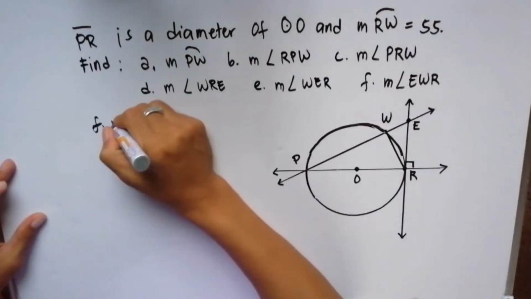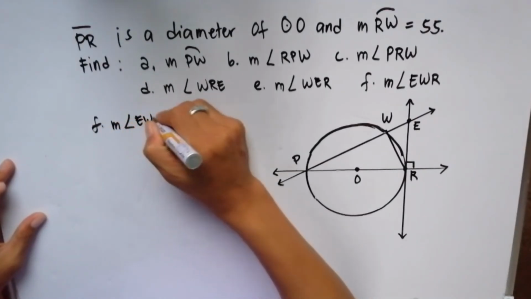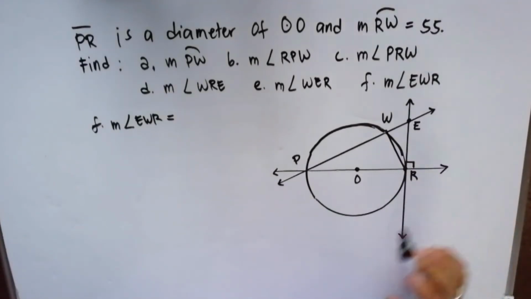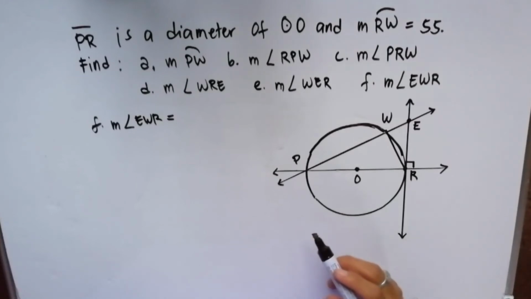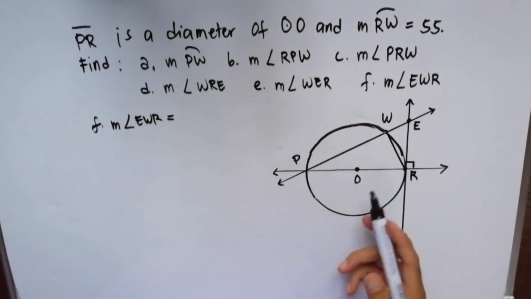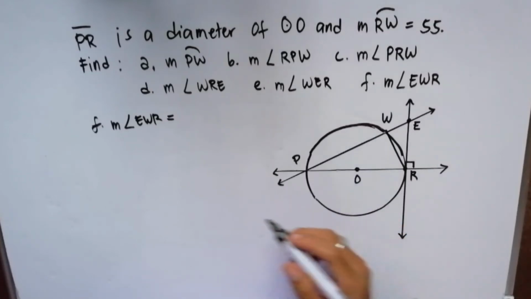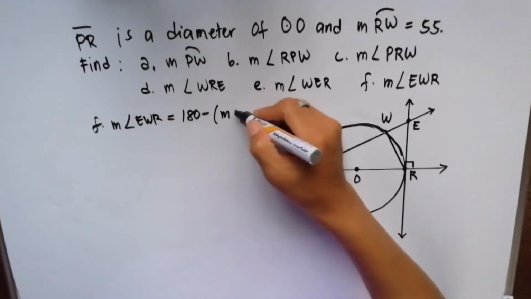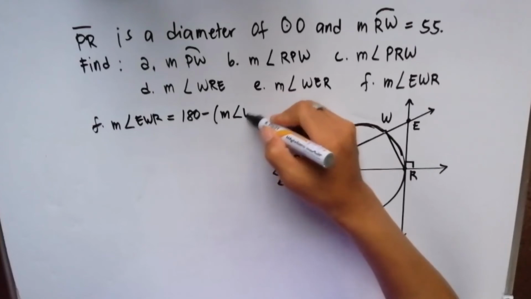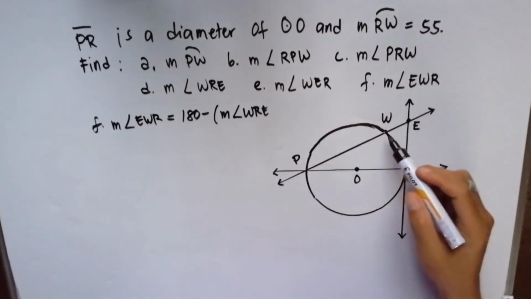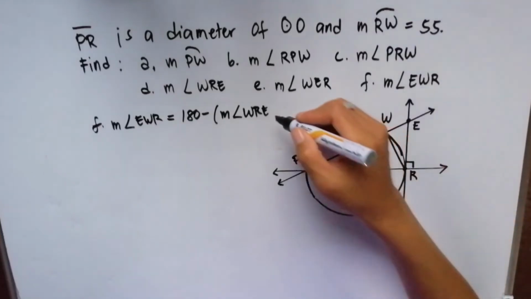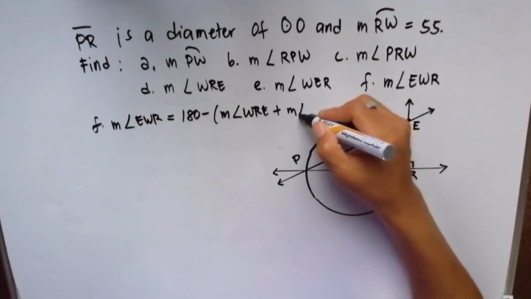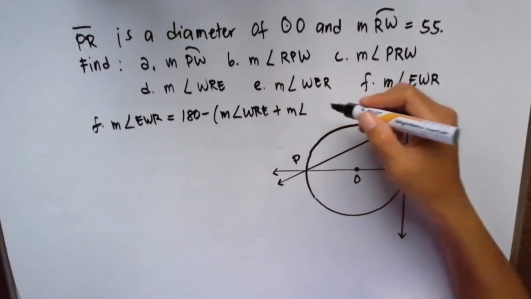Okay, for F, the measure of angle EWR. So that is equal to 180 minus the measure of angle WRE plus the measure of angle WER.